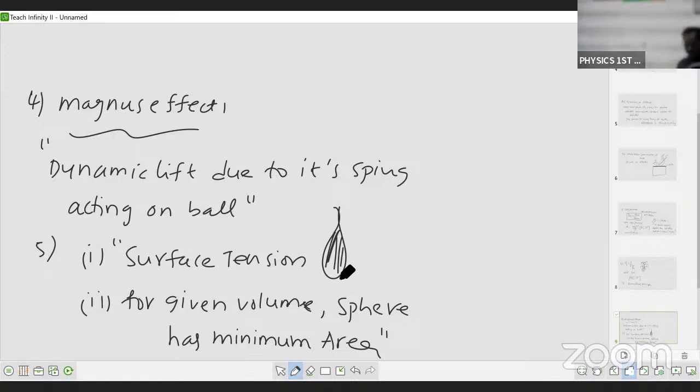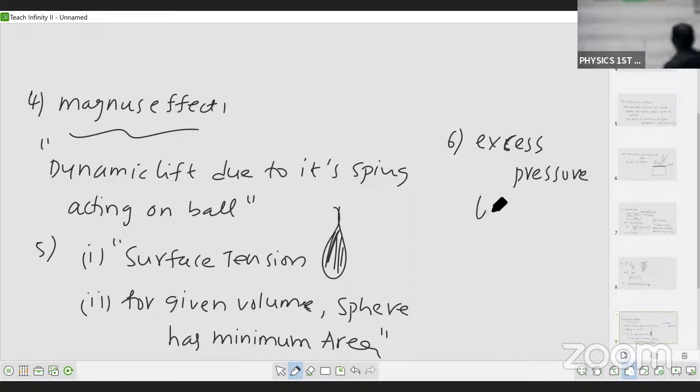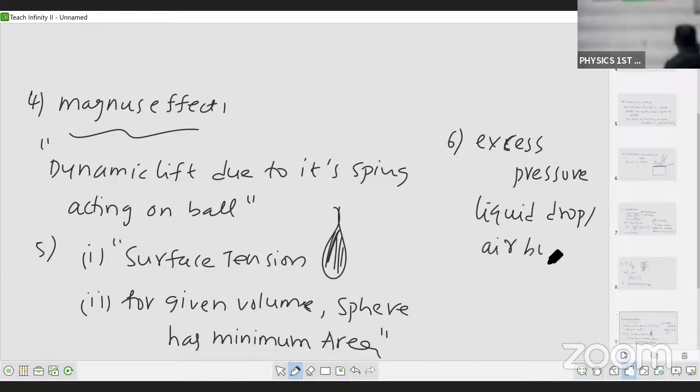Question number 6. Give the expression for the excess pressure in a liquid drop. Excess pressure, liquid drop, and one more is there, air bubble. Student, both are the same.